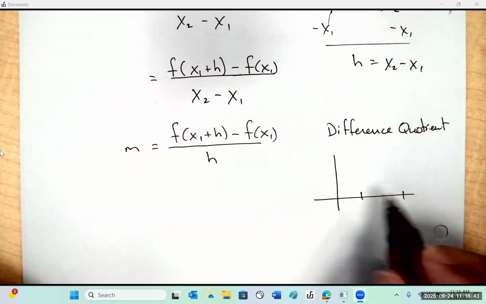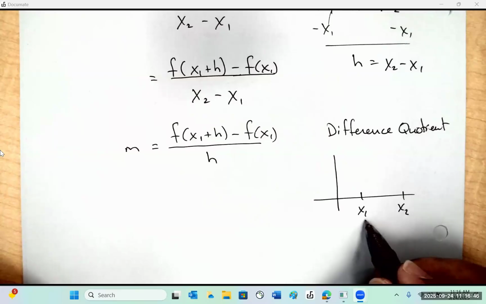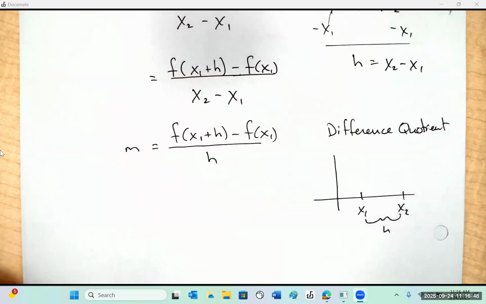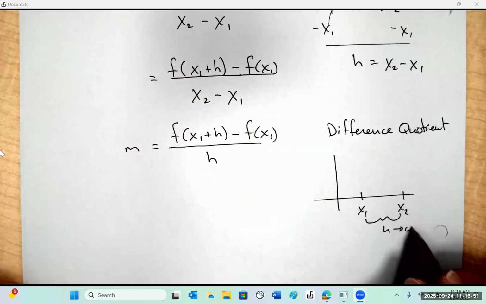H represents the distance between x1 and x2. And we want h to go to 0.